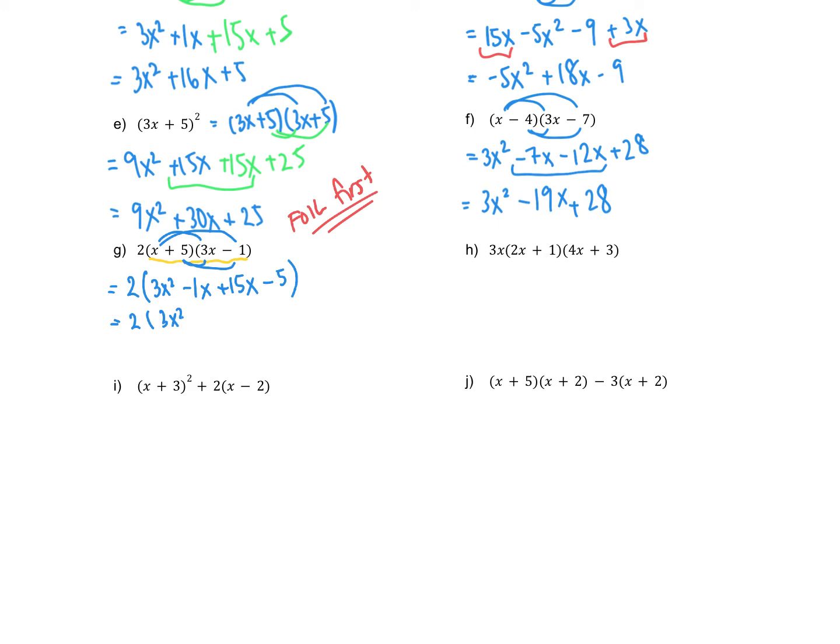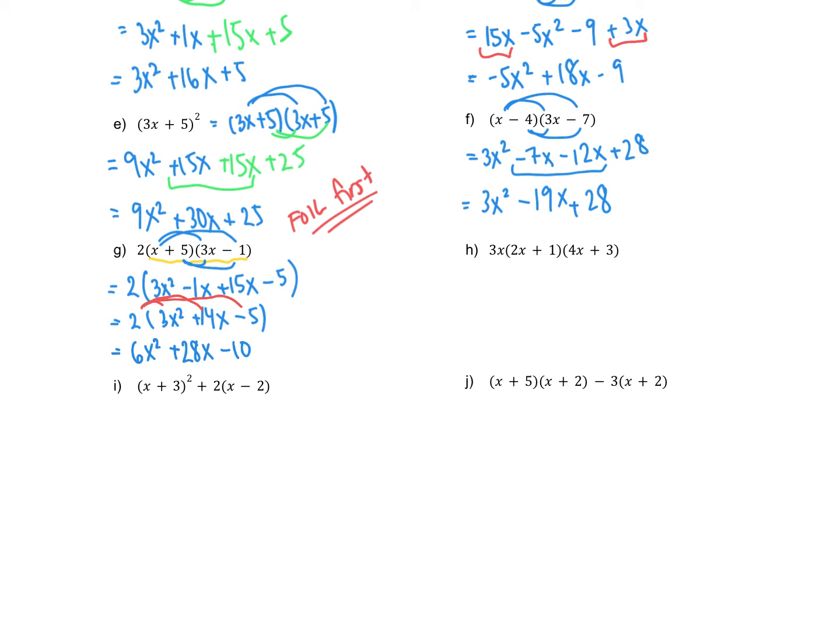So the negative 1x plus the 15x, that's 14x's in total. And now we can do our grade 9 distribution of just multiplying the 2 in. So 2 times 3x squared is 6x squared. 2 times 14x is 28x. And 2 times negative 5 is negative 10. And there we are.